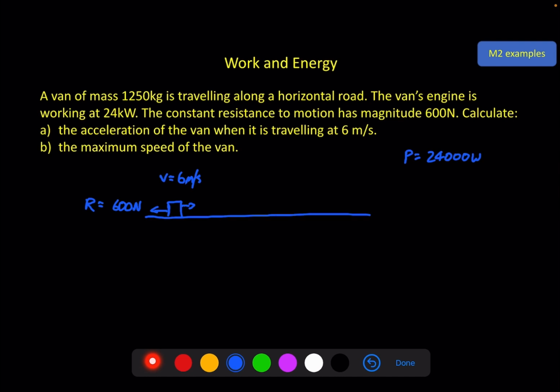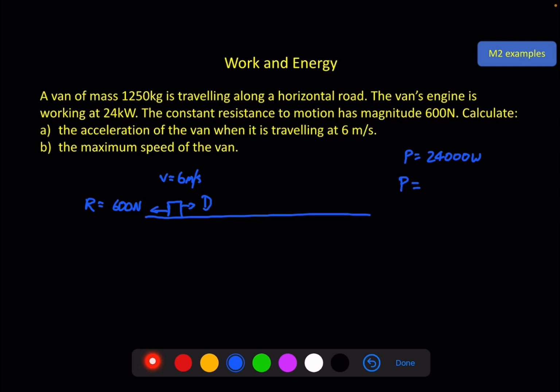We need to be careful here to make a distinction between the driving force of the engine and the force that goes into F equals ma, the resultant force. So I'm going to call the driving force D. Then I can use the resultant force F in the equation F equals ma as normal. The driving force then is what is connected to the power of the engine.